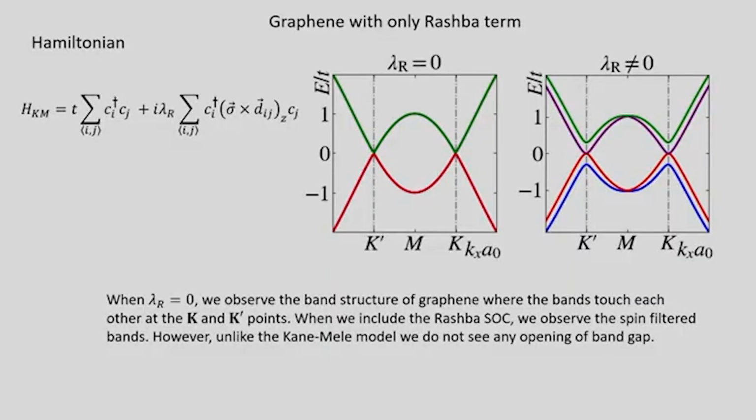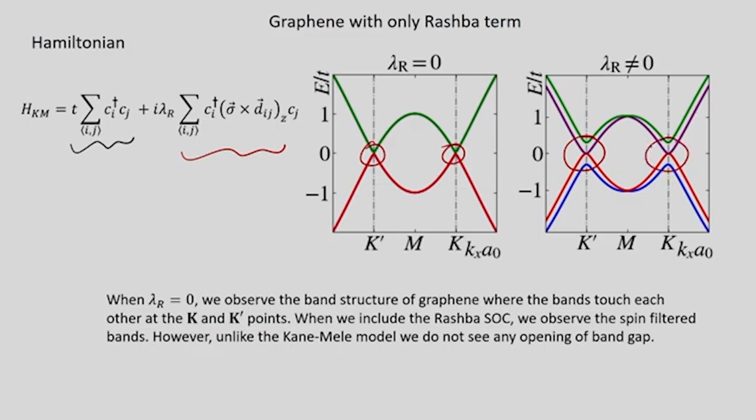Okay. So, here we just show graphene only with the Rashba term, there is no Haldane term and so on. So, you see that this is just the tight binding graphene and this is the Rashba term. You see the semi-metallic nature at the K and K prime points, where there is a band touching, because without the sigma v or the Haldane term there will be no lifting of the gap, but now you see the spin resolved bands.